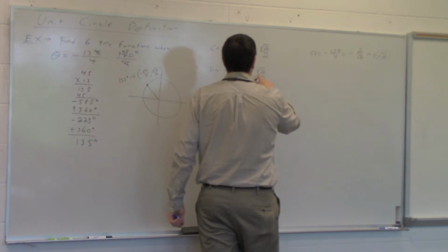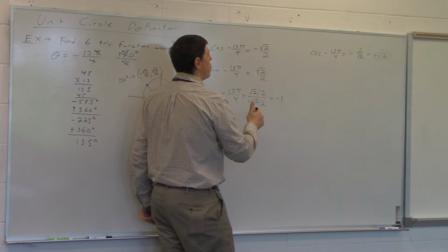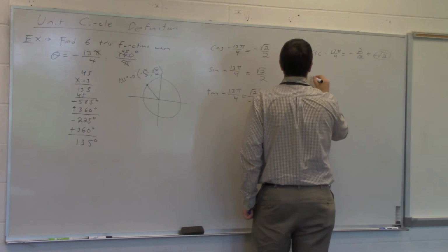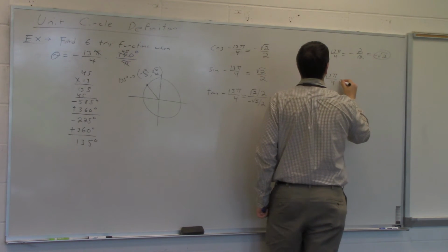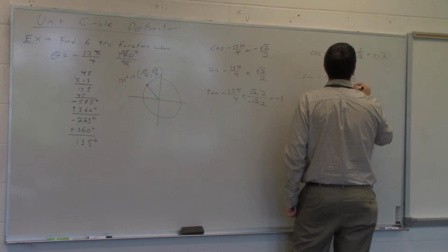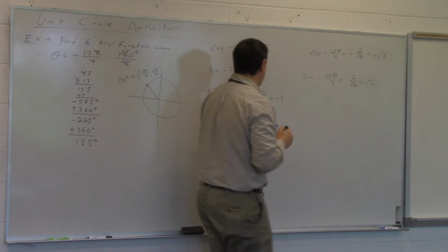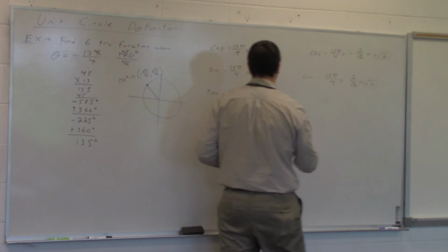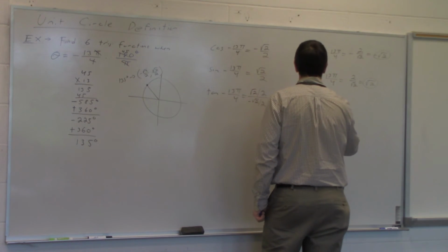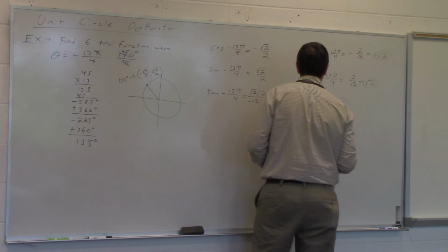Obviously, if the sine is root 2 over 2, we flip it over and get 2 over root 2, and then we rationalize it. It's going to be the same value, except positive, so we get 2 over root 2, otherwise known as positive root 2. And then finally, the easiest one, the reciprocal of negative 1 is still negative 1. So cotangent of negative 13 pi fourths is negative 1.